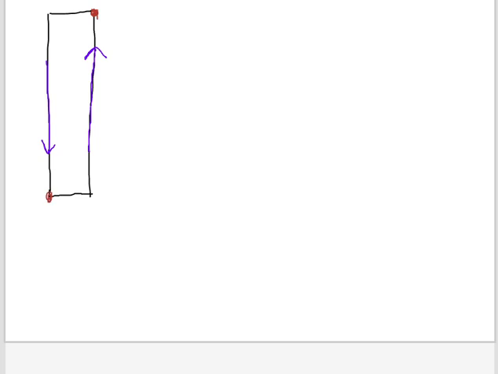Okay. This point has a relation with this point. This one has a relation with this one. This one has a relation with this one. What we get from this equivalent relation? Can you tell me?